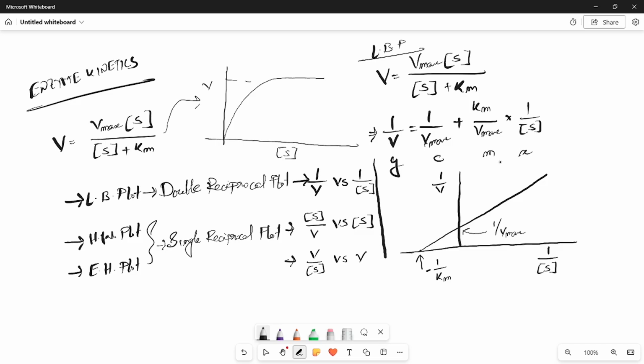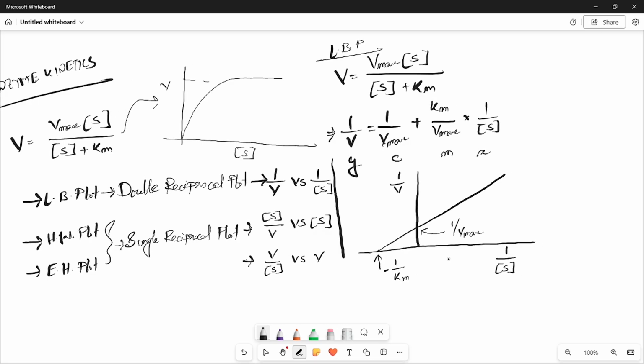When x equals 0, y is very simple: just put the value of x, that is 1 by S, as 0. Then you can get the value from this slope parameter. This is the Lineweaver-Burk plot. From here, we can easily identify the value of Vmax and the value of Km.